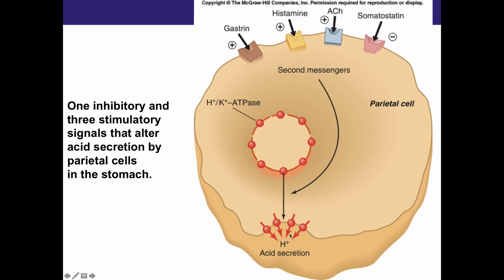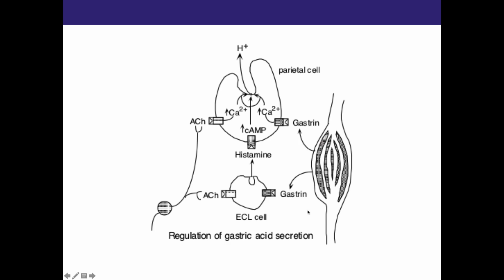Okay, so how are these regulated? I told you about the difference between parietal cells and these paracrine cells called ECL cells, enterochromaffin-like cells. So here's where I introduce the cephalic phase.